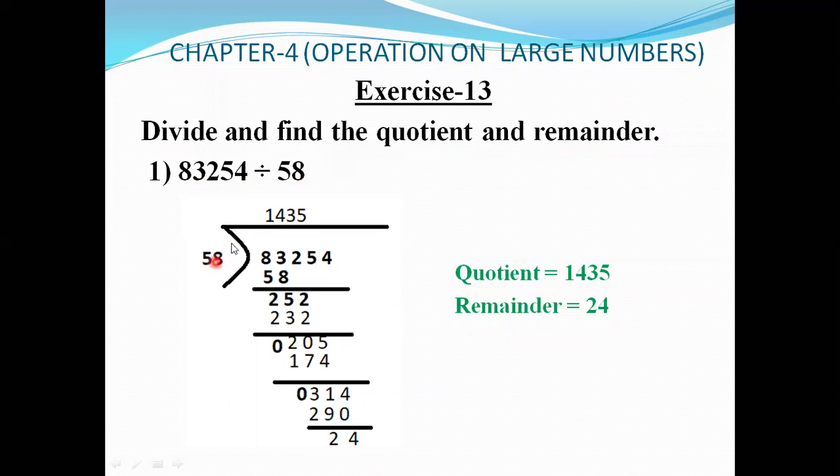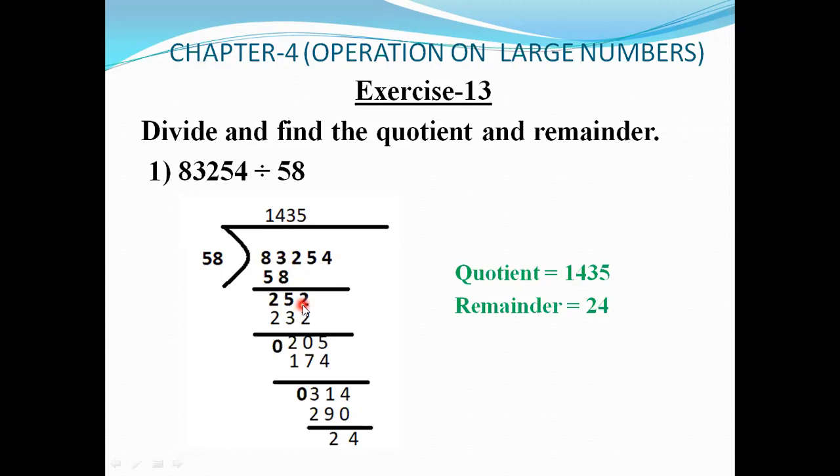First, we divide the number 83,254 by 58. For this, we write the divisor here. Now the divisor divides these numbers. First, we divide 58 into 83. First time 58, and the number left is 25.